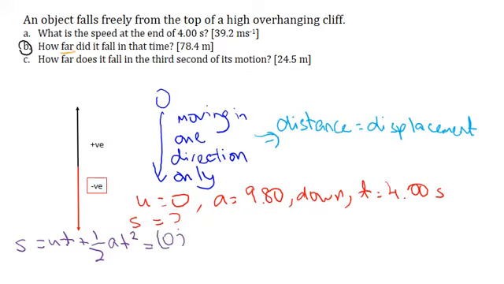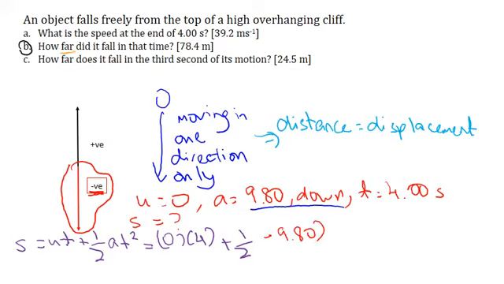u is 0, t is 4, half. Now a is 9.8 meters per second downwards. So what you have to understand is, according to our notation, vectors that are downwards must be given the minus sign. So when you plug in this value of 9.8, we must attach the minus sign to the front, then of course t squared.